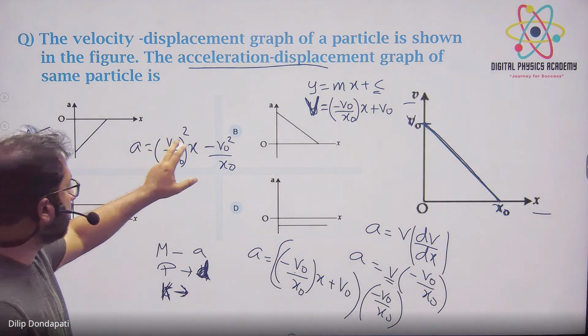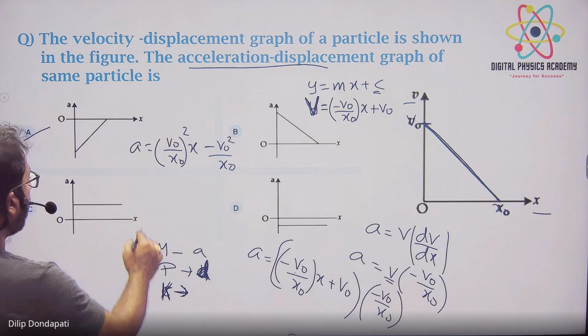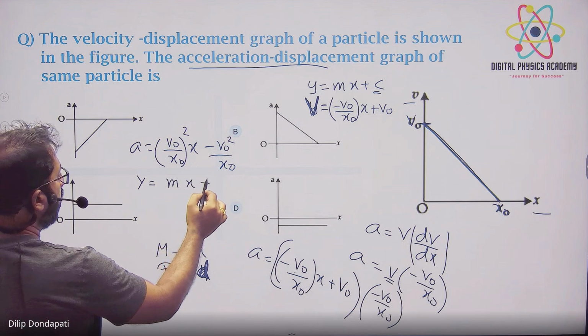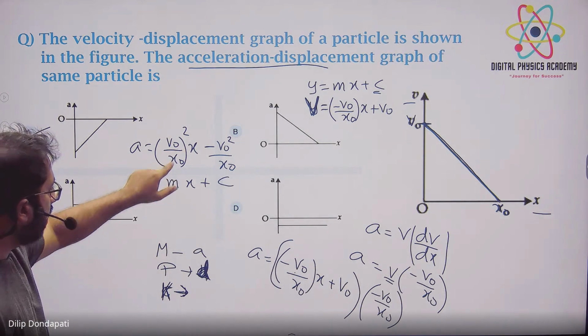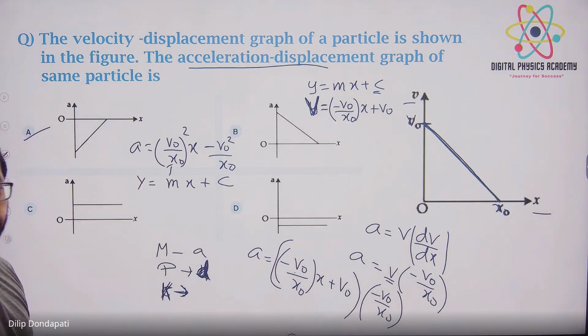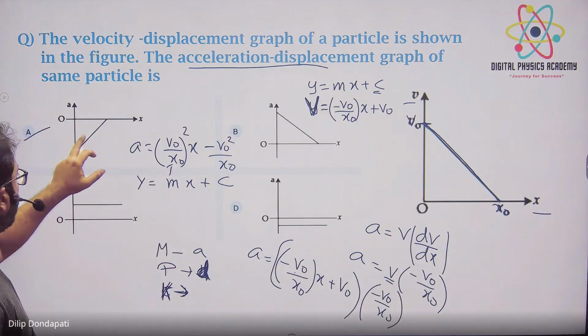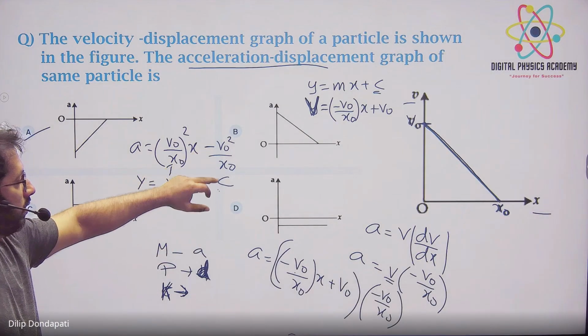Now देखो, acceleration in terms of displacement में है some relationship. Now compare with y equal to mx plus c. M comparison में the slope is positive or negative? Positive, right? Positive slope है. And y intercept is negative or positive? Negative.